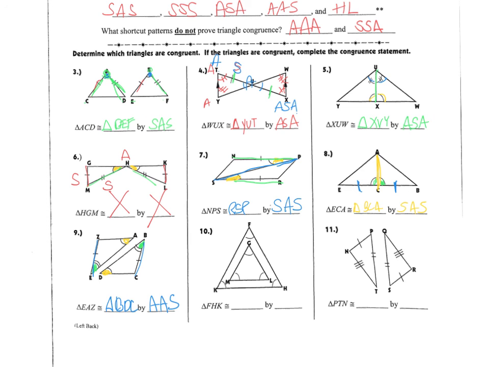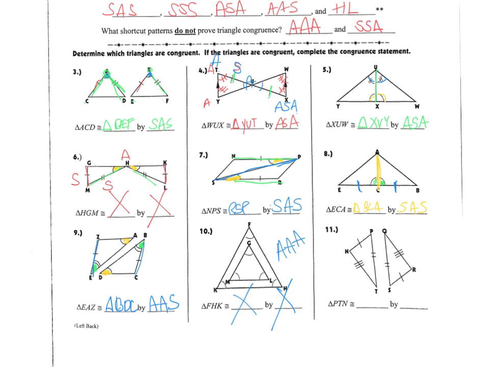If we look at number 10, immediately what we should see is that we are told that the angles are congruent, and we know that one pattern that we are not allowed to have is angle, angle, angle, and so therefore we don't have congruence with these sets of triangles.